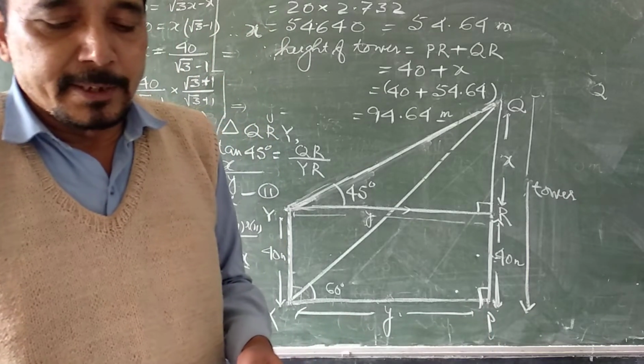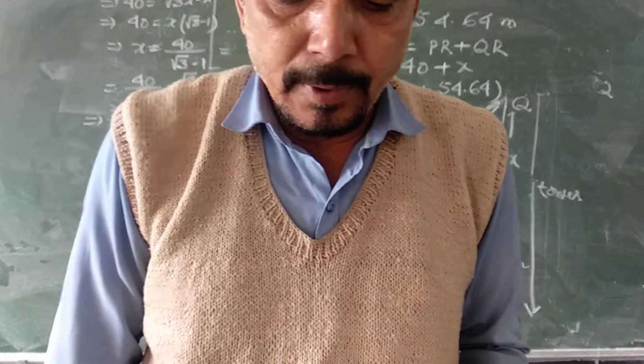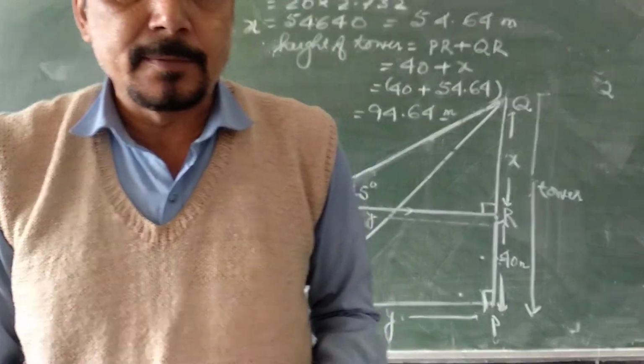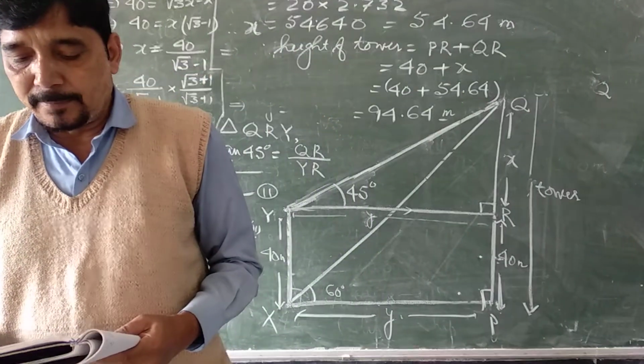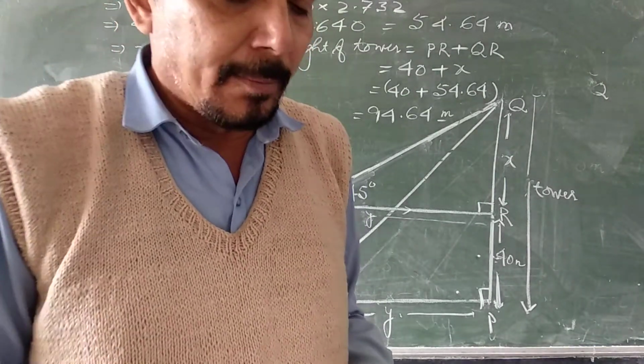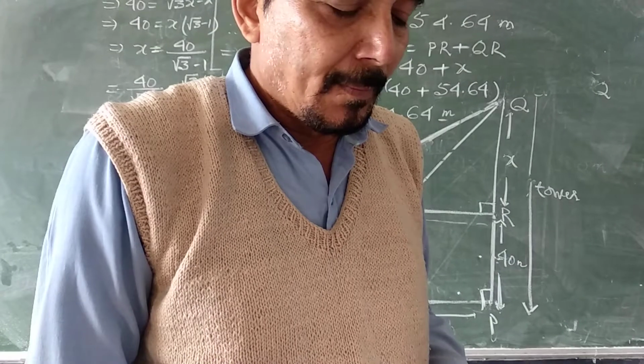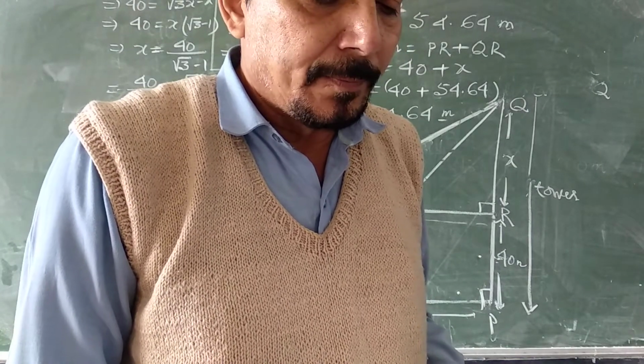At a point Y, 40 meters vertically above X, the angle of elevation is 45 degrees. Find the height of tower PQ and distance XQ.